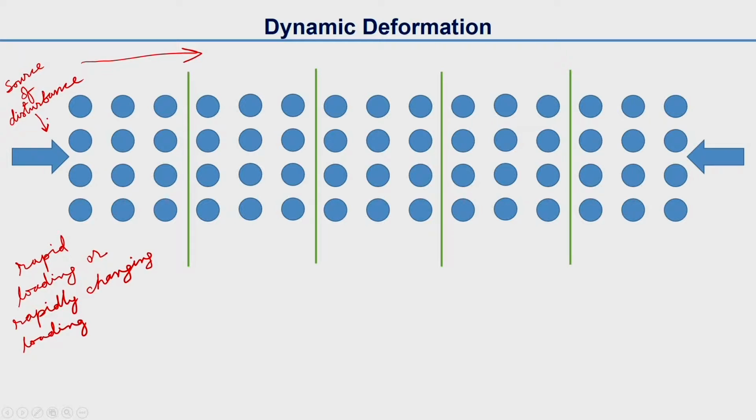From the source of disturbance, the disturbance should go this way, and similarly from the right-hand side, the disturbance will come this way. As our loading is rapid or rapidly changing, the disturbances are not instantaneously transmitted to the other part of the body, and we cannot assume static equilibrium like in our quasi-static case.